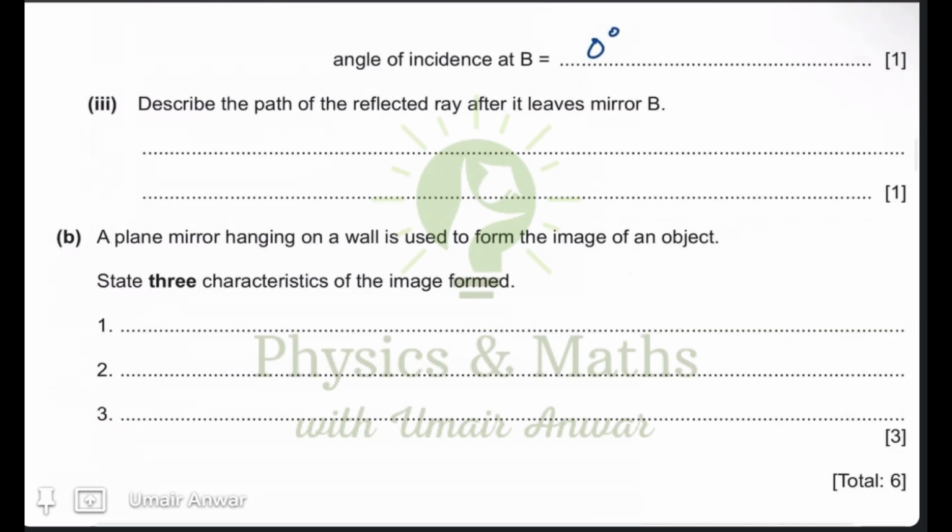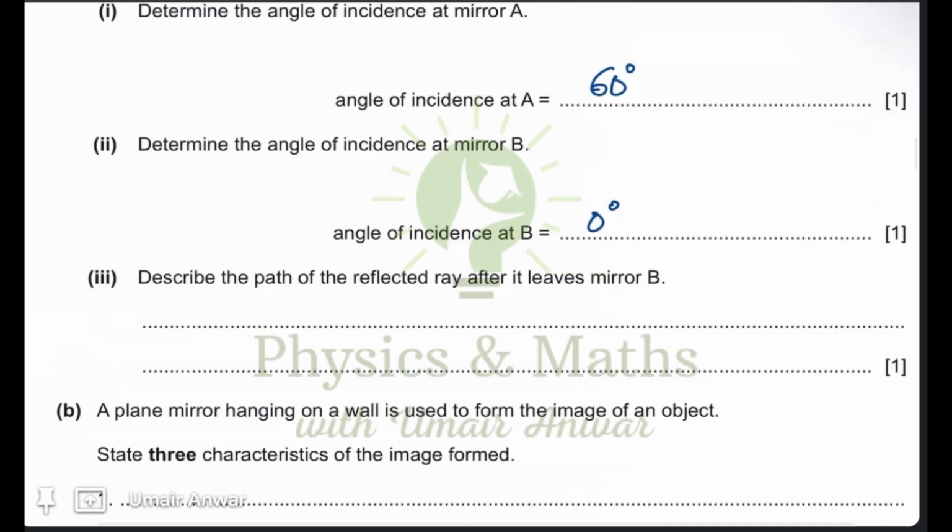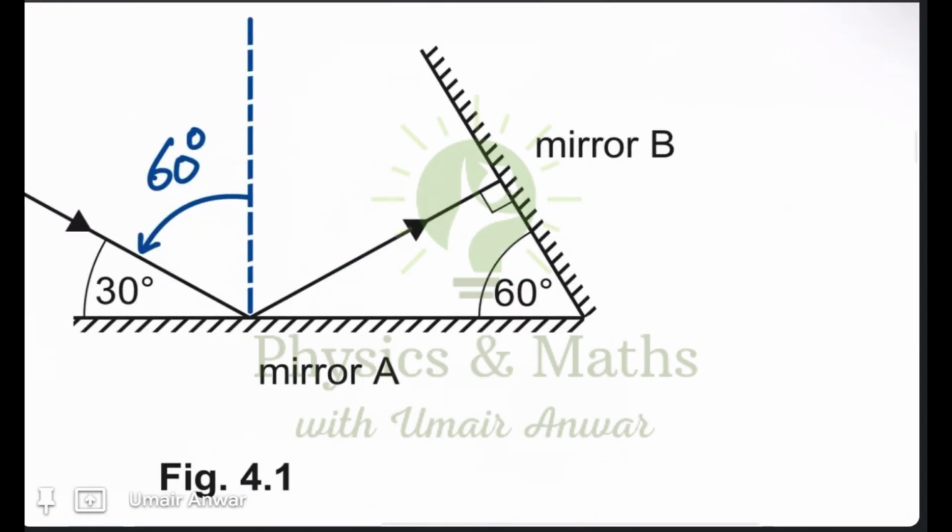Next, describe the path of the reflected ray after it leaves mirror B. Now, when the ray strikes the mirror such that the angle of incidence was 0 degrees, according to the laws of reflection, it would be reflected back on the same path such that the angle of reflection is also going to be 0 degrees. The laws of reflection would be followed here, and it would be reflected back along the same path.